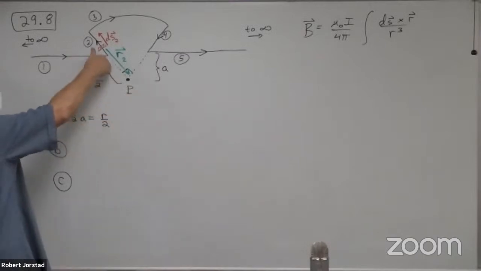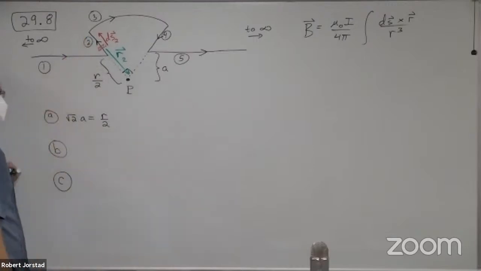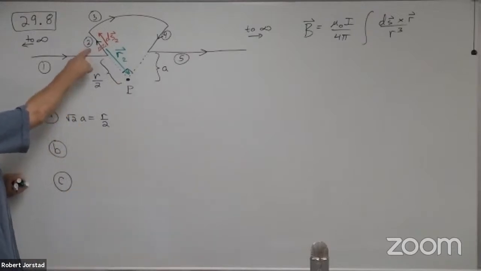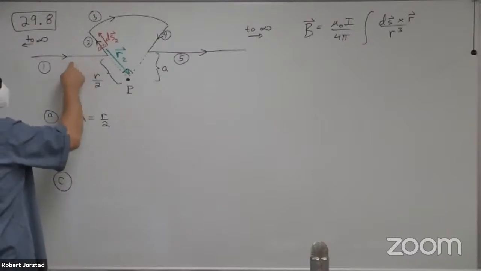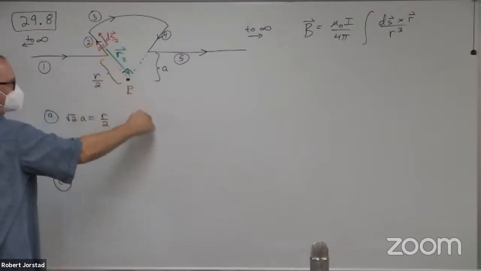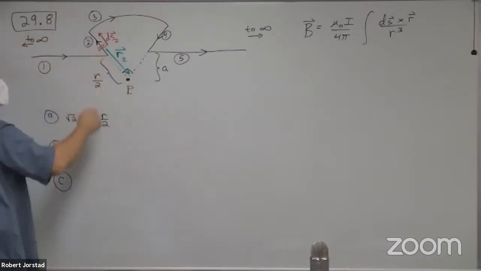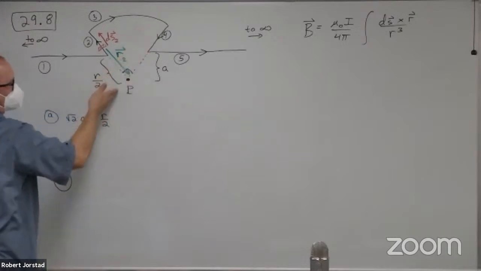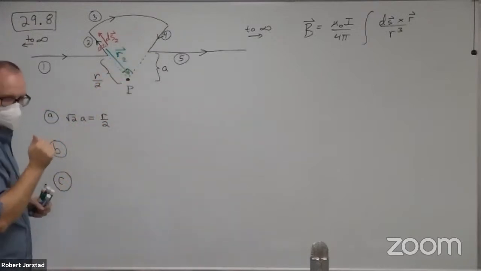In this case, when it goes radially away or radially towards, there's no magnetic field at P. Does this wire create a magnetic field? Yes. It creates a magnetic field over here. It creates one here, here, just not at any point right over on this line. You see what I'm saying? Similarly, 4 is not going to create any magnetic field on this line. Good?